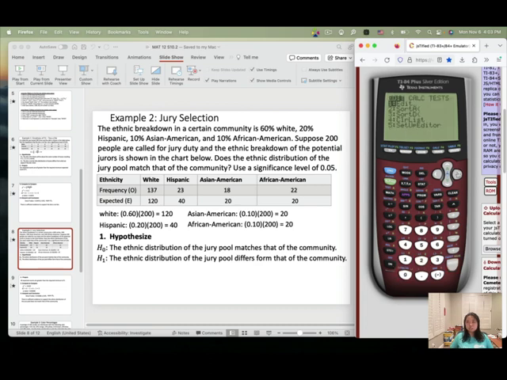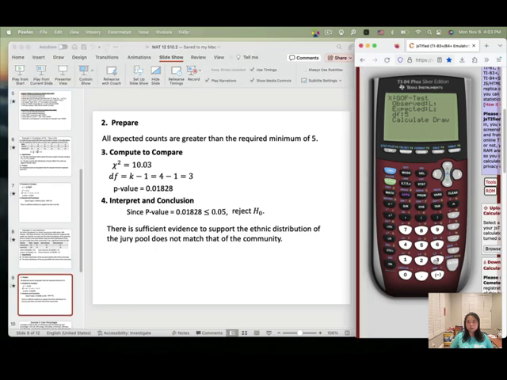Go to STAT, go to TESTS, go to the chi-square goodness of fit test. Again, the degrees of freedom, you're going to put in by yourself, which is going to be 3. Go to Calculate. So my test statistic will be 10.03. Degrees of freedom will be equal to 3. P-value, 0.01828. Okay, right?